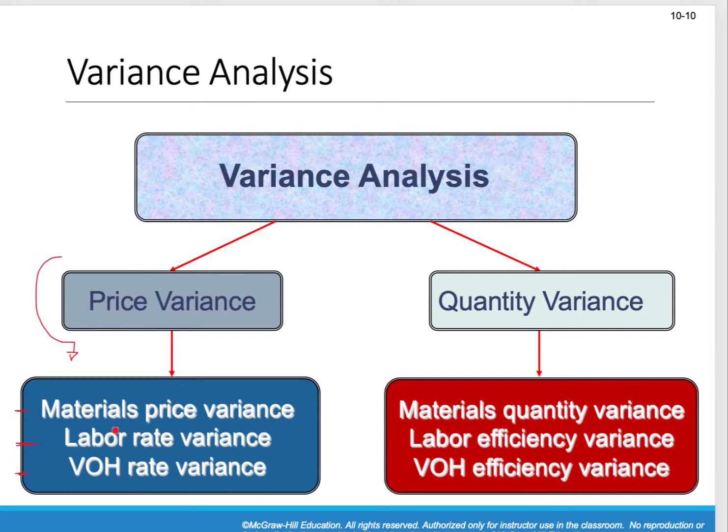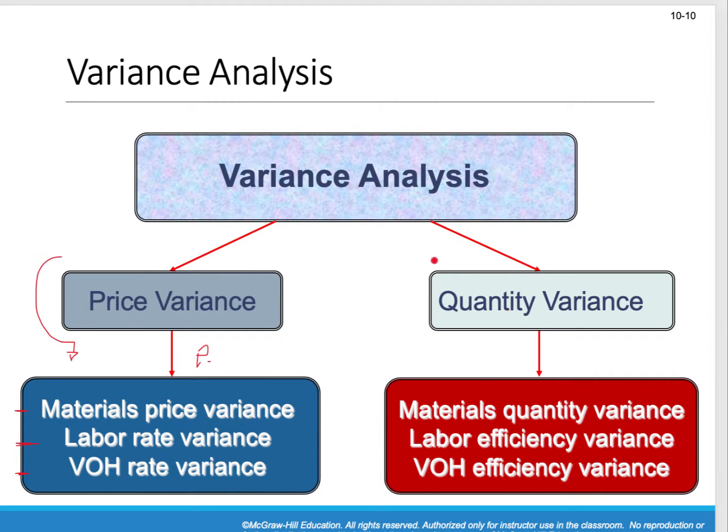The point is, it's all price variance that we're trying to calculate here. Don't get confused by the names. If you can calculate price variance for one of these, you can do it for the other two. It's the same calculation; we just use different names. It's kind of a pain.